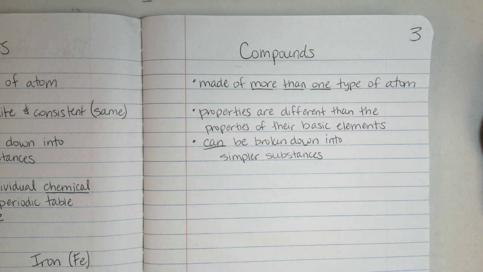We said that we find elements on the periodic table. Compounds are a combination of elements, therefore they're going to be represented by a combination of those chemical symbols. So it's going to be more than one together.